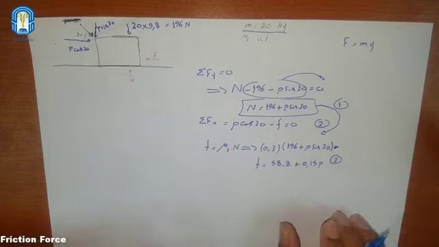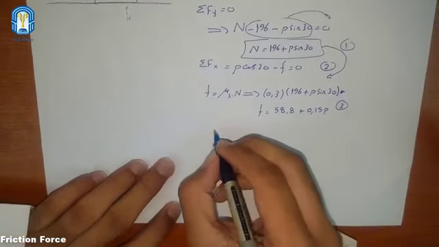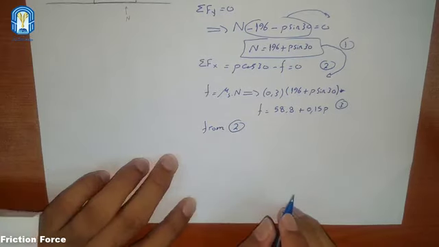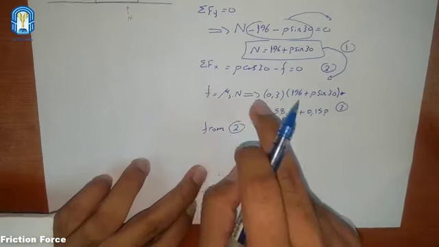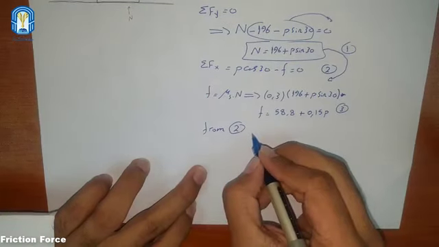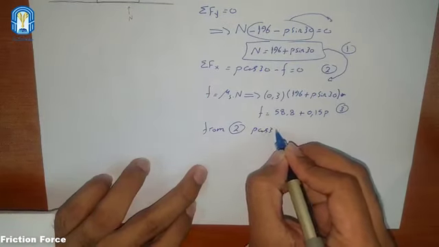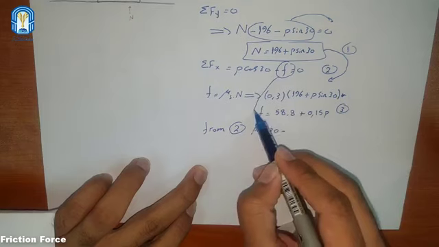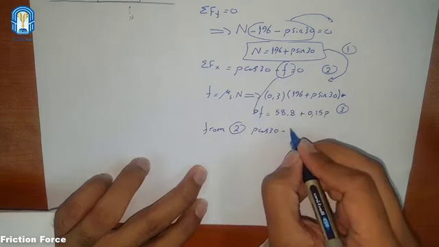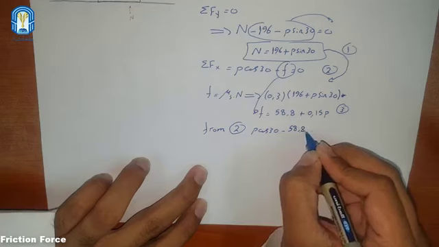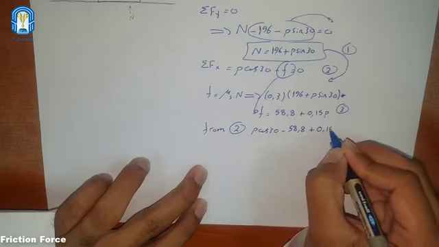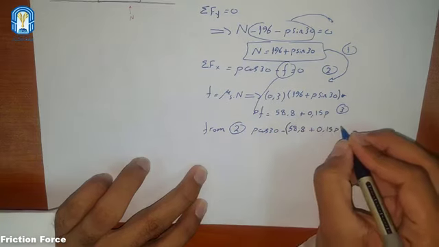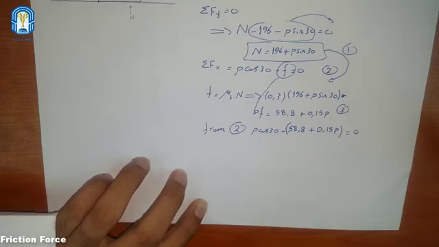Now from equation number 2, which is P cosine 30 minus F, I will put instead of F this number, 58.8 plus 0.15 P, equals 0.